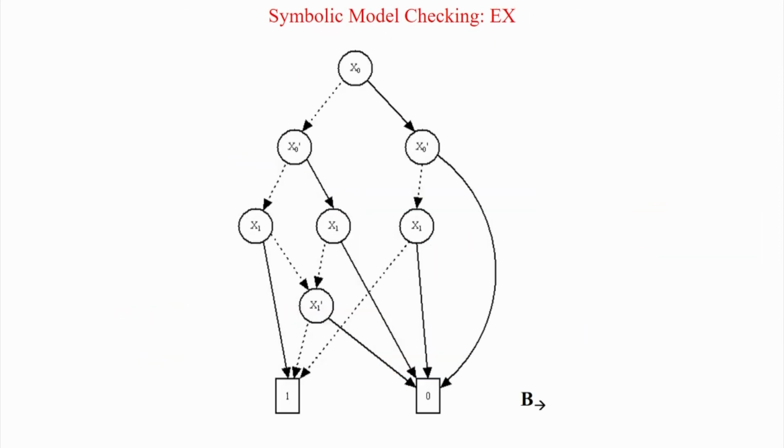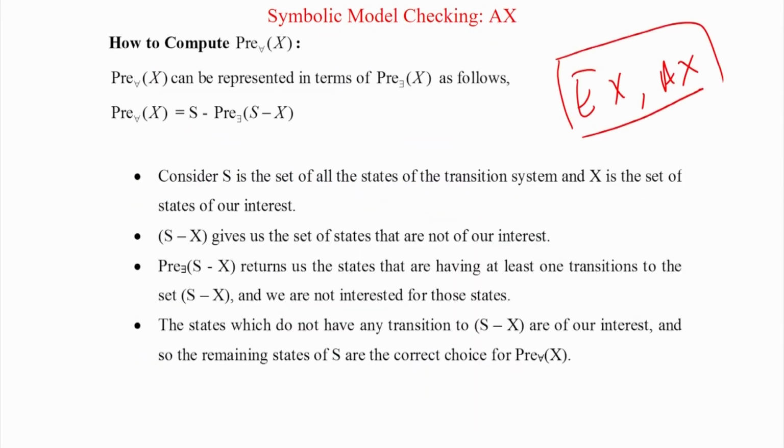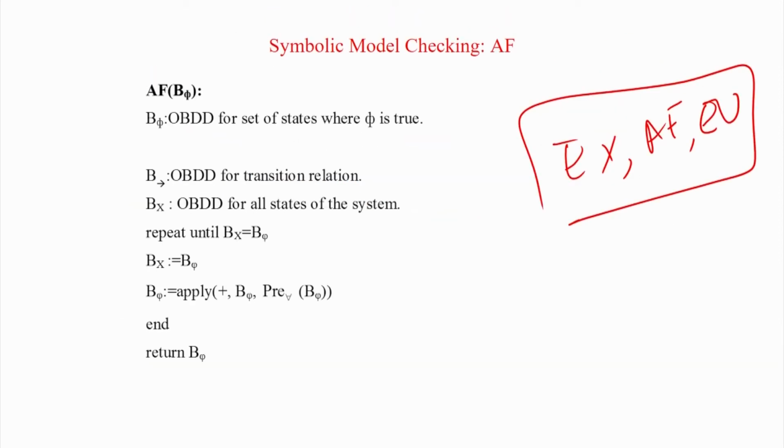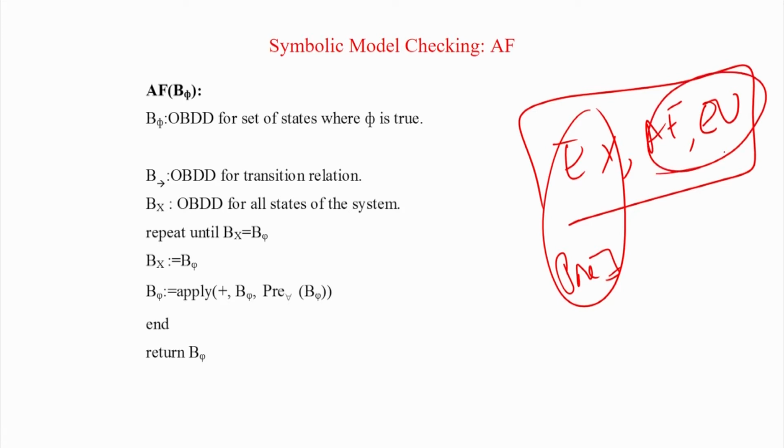Now, as I told you, what we are going to do today is three formulas: Ex, Af and Eu. Ex we can directly say pre-existential caters to. In today's lecture we will elaborately discuss how we can go for model checking for formulas Af and Eu using symbolic model checking.